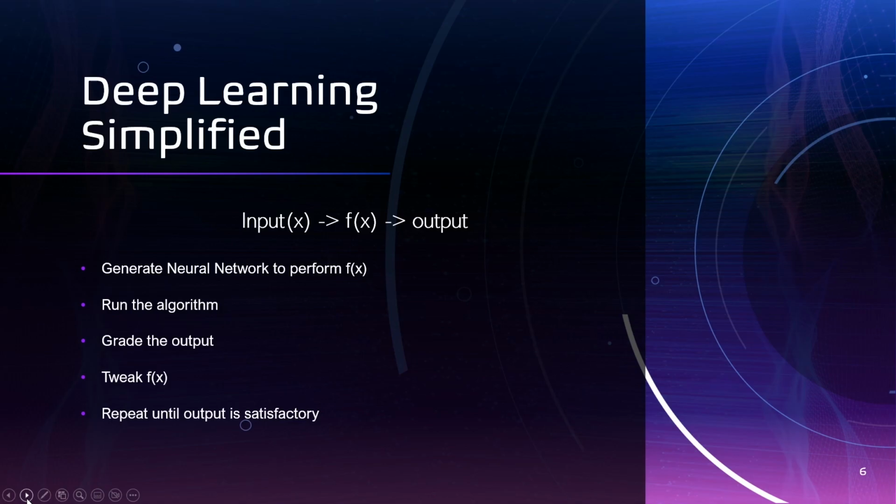Based on the grade that you give that output, this neural network will evolve using certain methods. There's a method called backpropagation, and what it will do is adjust the values and the strengths of those neurons, and based on that, the actual function will change and the output will change. You keep tweaking that until your output is satisfactory.